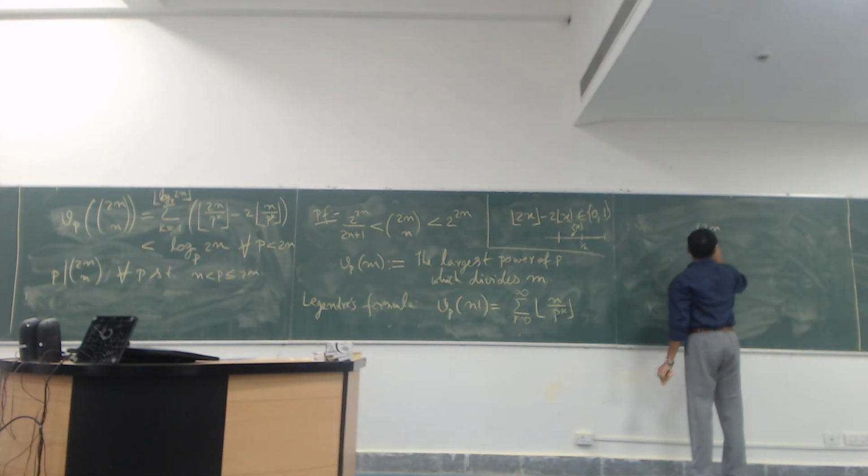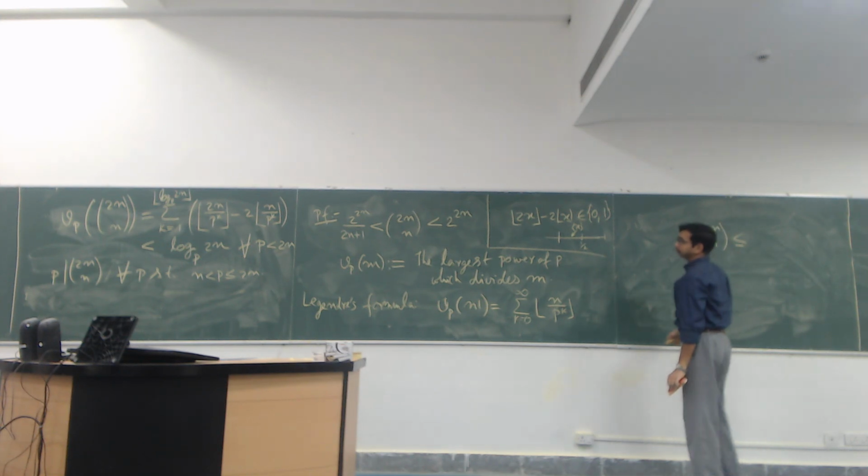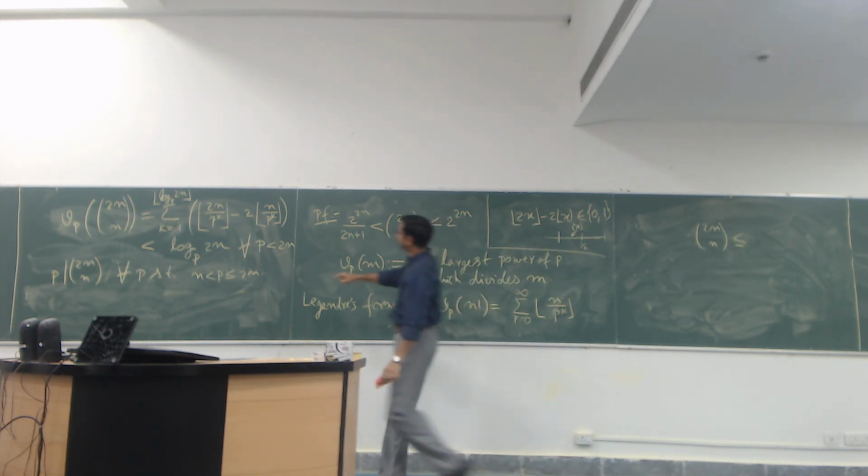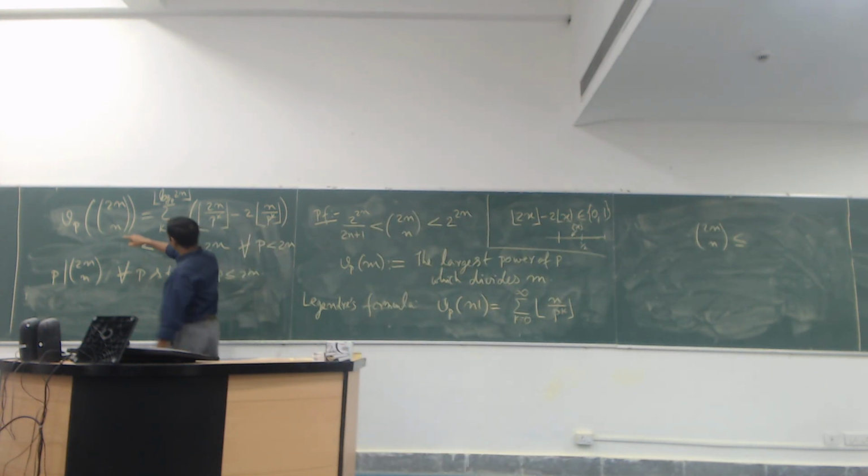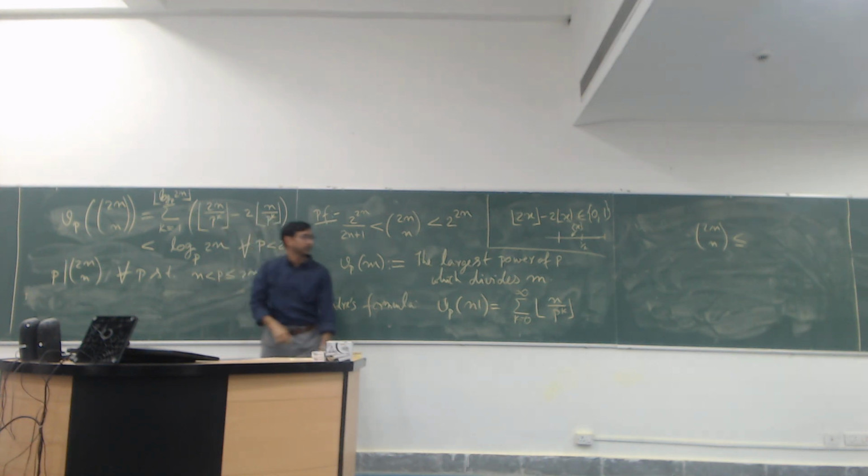When you choose n, the first one says that the powers of all the primes which are less than 2n and which are dividing 2n choose n is bounded above by this one.